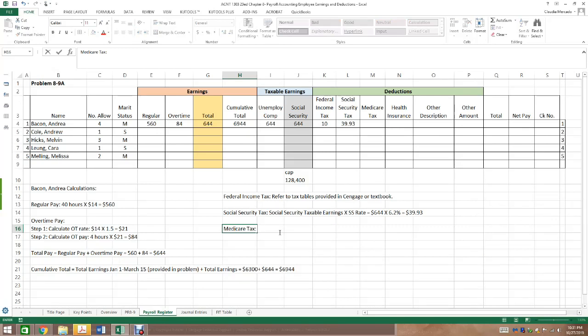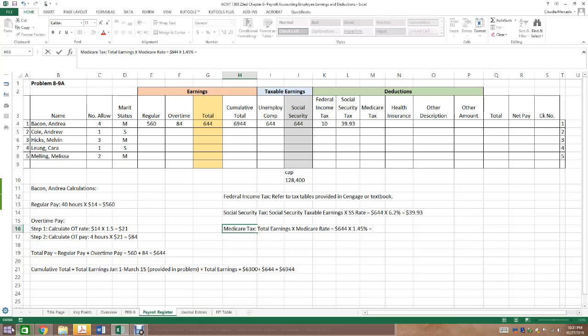For the Medicare tax, there is no cap, so you're just going to do your total earnings times your Medicare rate, which is going to be your $644 times your 1.45%.